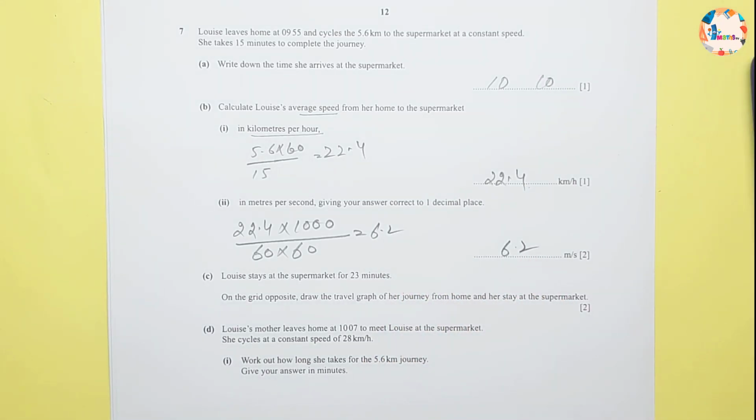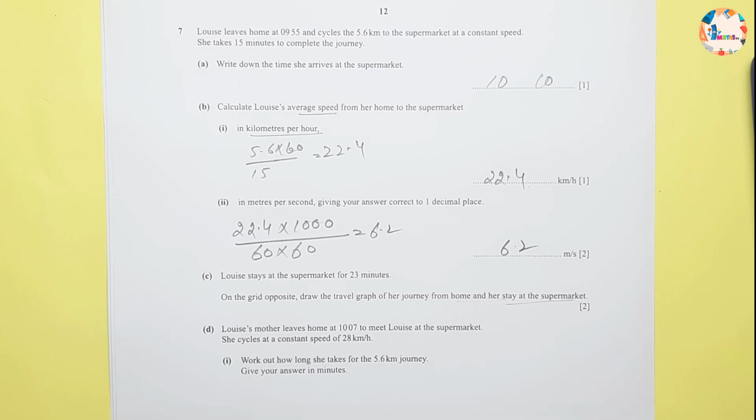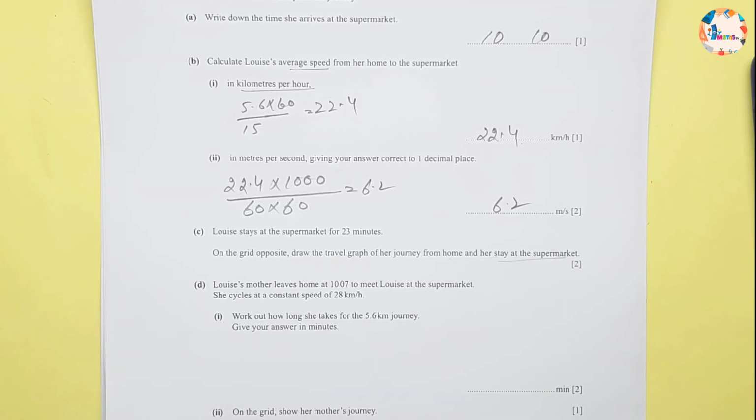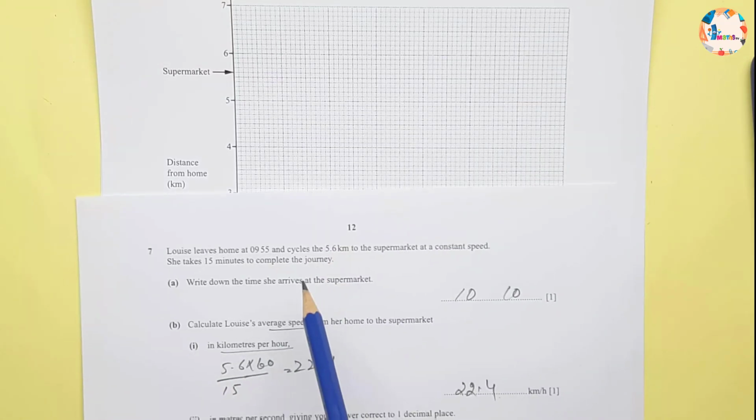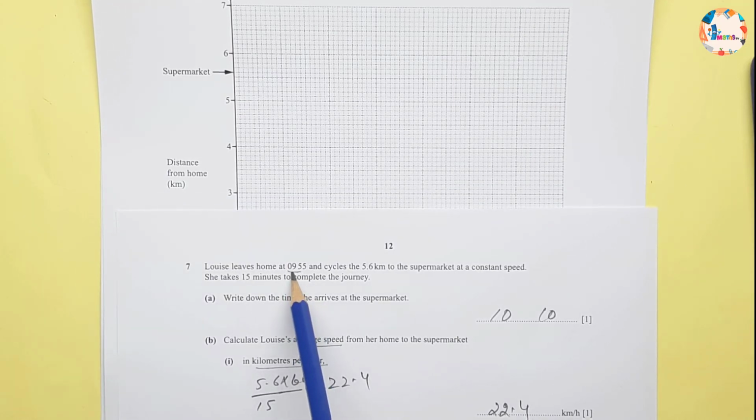Louis stays at the supermarket for 32 minutes. On the grid opposite, draw the travel graph of her journey from home to her stay at the supermarket. So she starts from home at 9:55 and reaches the supermarket at 10:10.